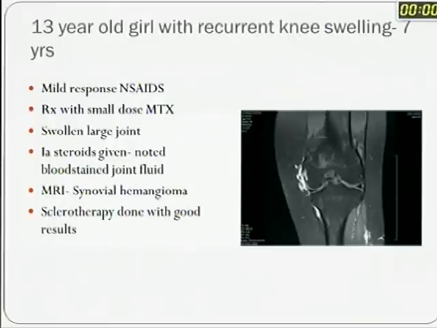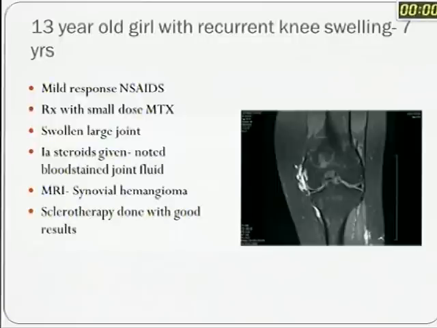This child again, recurrent knee swelling, just single knee. Was treated by lots of people, given a homeopathic dose of methotrexate as well. Nothing was improving, and clinically fitted a possible diagnosis of juvenile idiopathic arthritis, monoarthritis. So I injected her because intra-articular steroids is the first thing you do for these patients. She improved very well with the intra-articular steroids, but the fluid we got was blood-stained, which is very unusual.